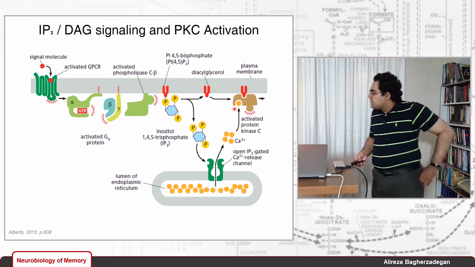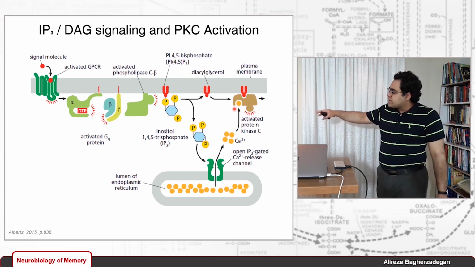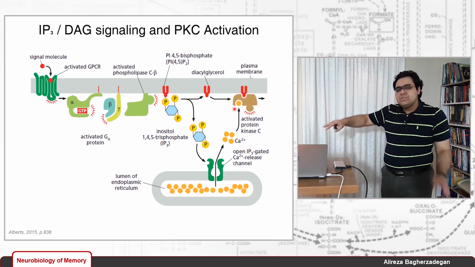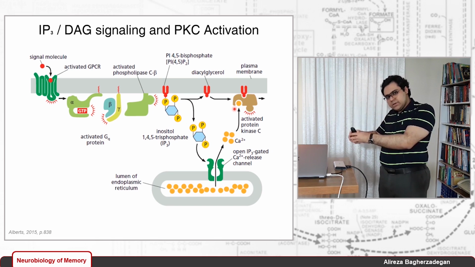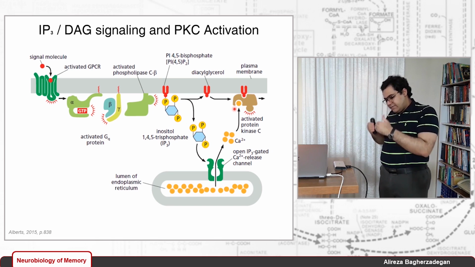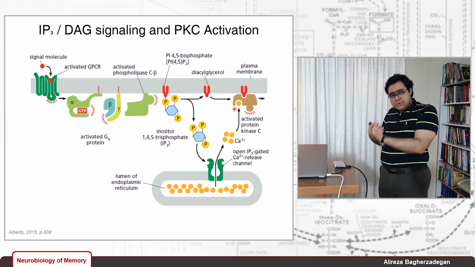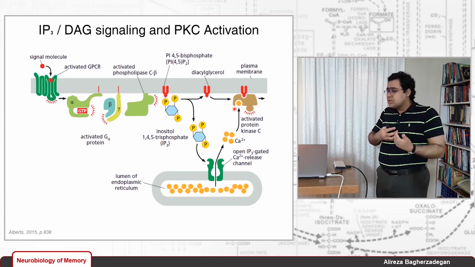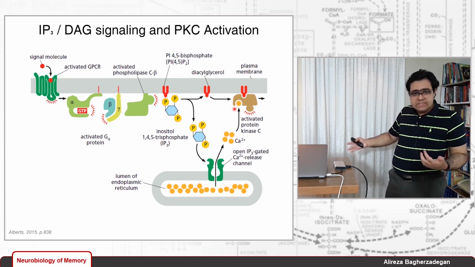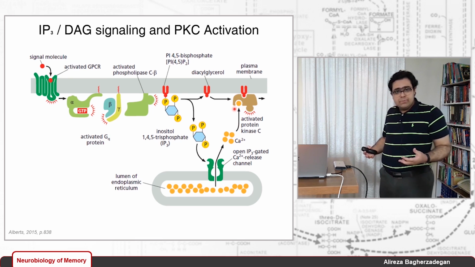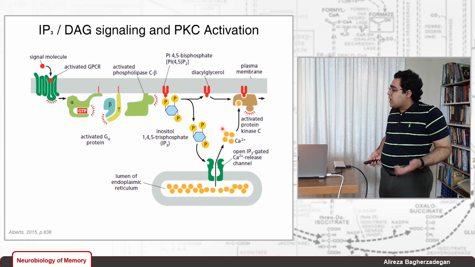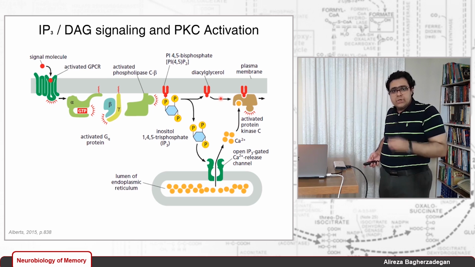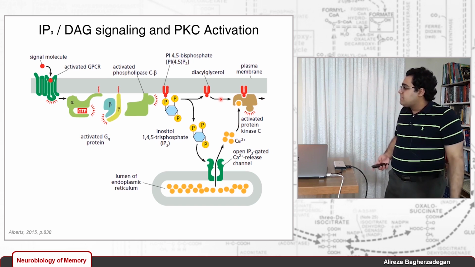Okay, so this is again a mini signal transduction pathway. We have a signal activating a receptor. It in turn activates a G protein as a transducer. That G protein has an effector, which is in this case phospholipase C beta. It's going to produce some second messengers like IP3 and DAG. Each one of them is going to activate something.